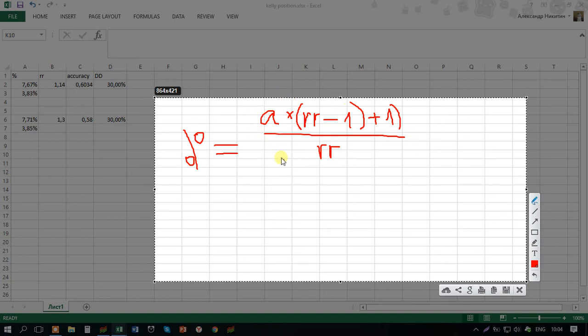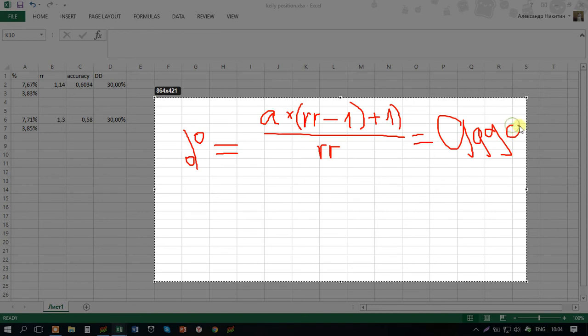So if you have this position, yes, you will never lose all of your account, but your drawdowns may be 99.999%. So if you don't want to risk that much, what should you do?